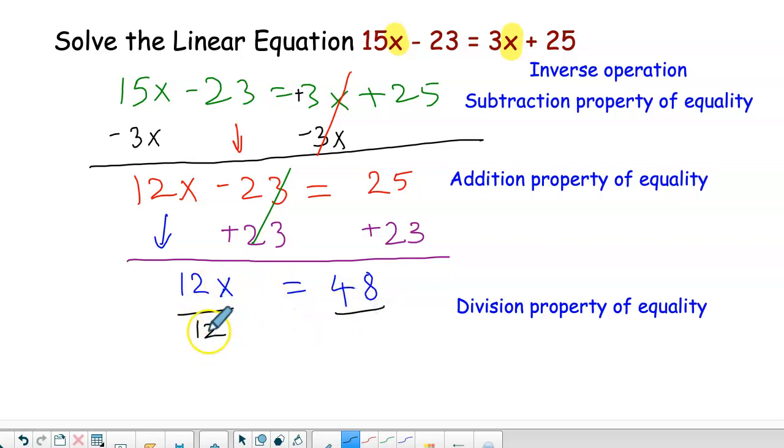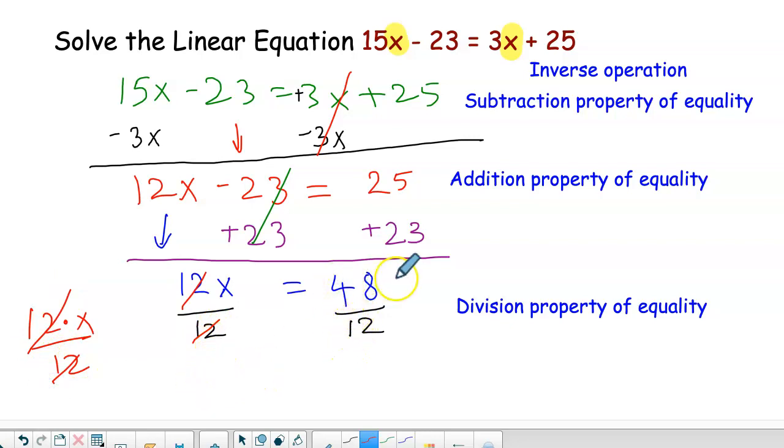And whatever you do to the left hand side, do the same thing to the right hand side. That's what the property of equality says. So I'll divide by 2, 2 and 2. 2x and 2 cancelled off. That factor 2 got cancelled.